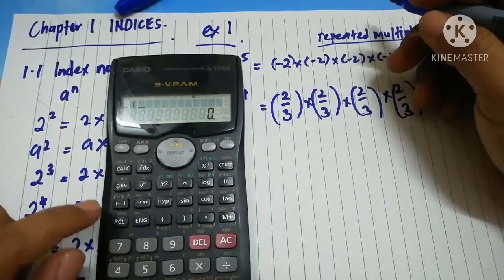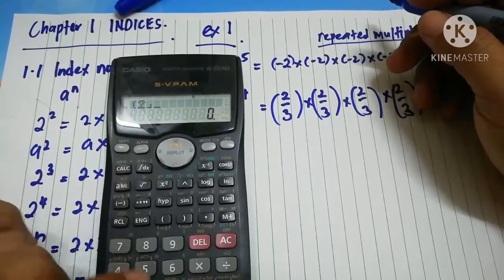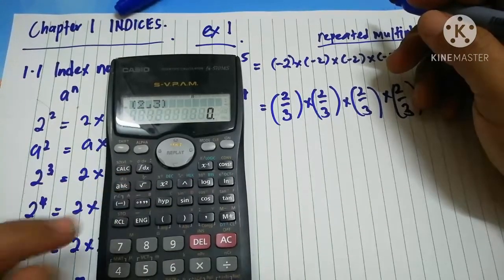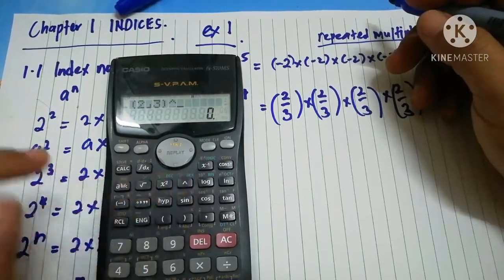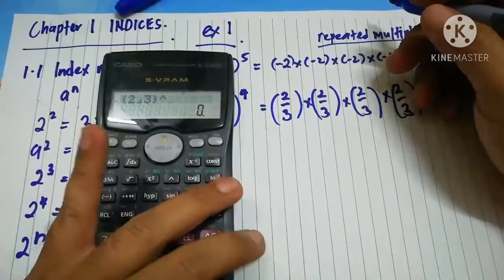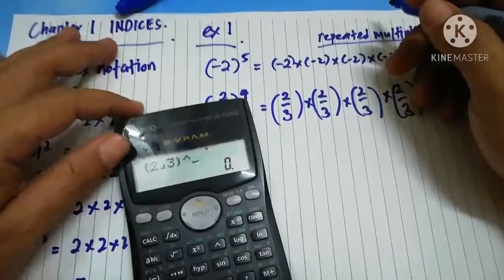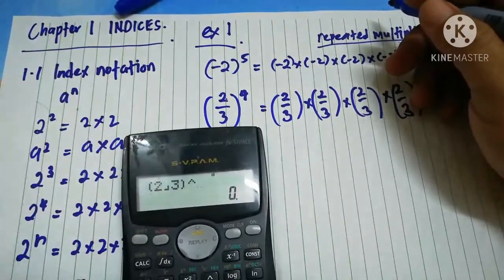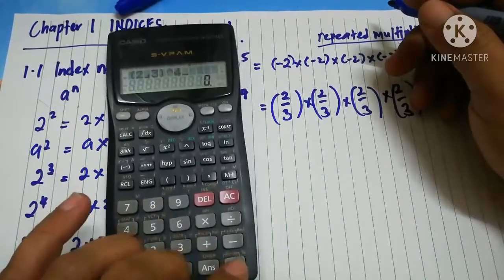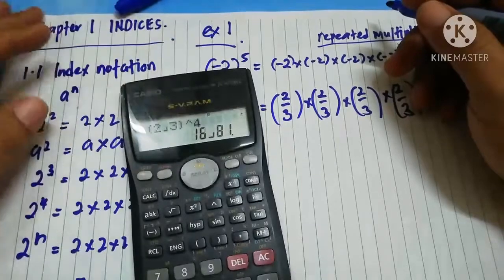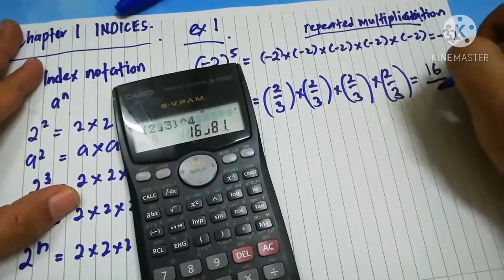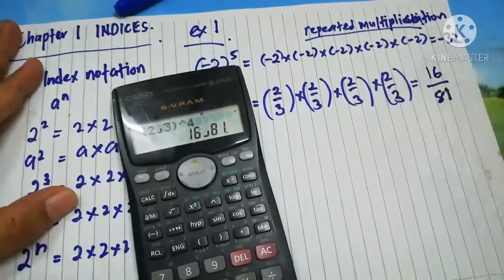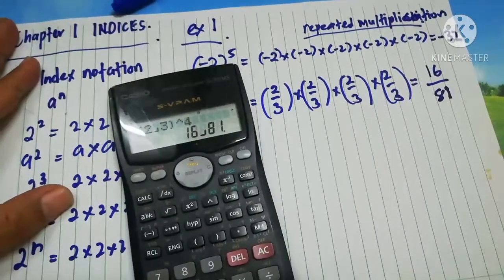Bracket 2 over 3, and then cap, 4, equals, and then equals 16 over 81.